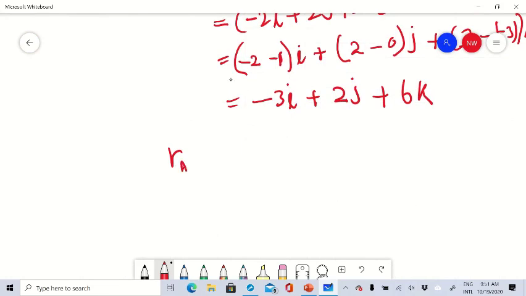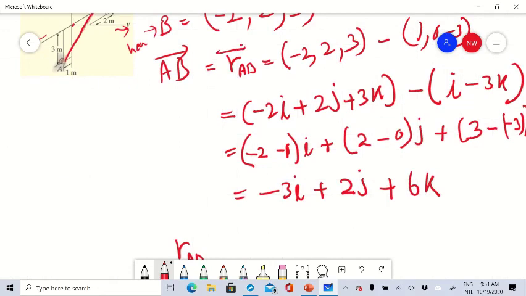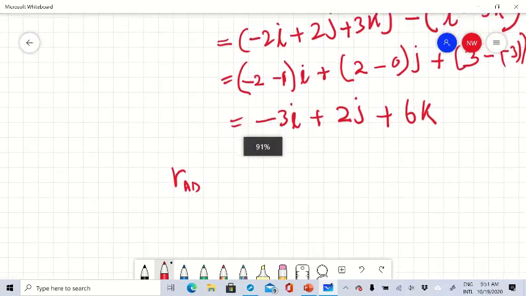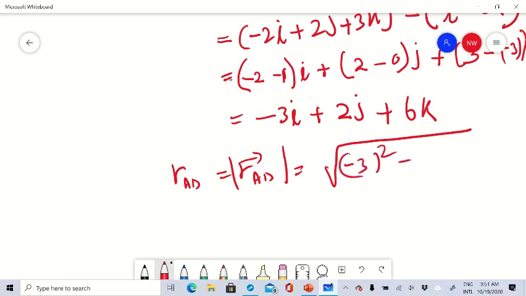we can say RAB, this vector RAB, the magnitude, we can say RAB magnitude is equal to square root of -3 squared plus 2 squared plus 6 squared, right?